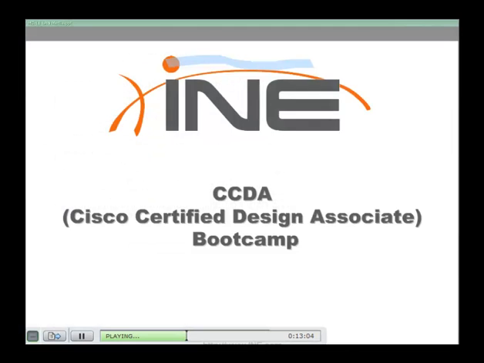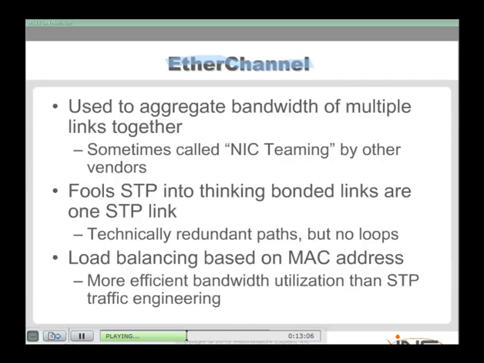Okay, now let's focus in on the EtherChannel technologies a bit more here. Notice that EtherChannel, we know it's going to be used to aggregate the bandwidth together. And by the way, you'll often hear of EtherChannel technologies with some different terms. One of those terms might be NIC teaming, network interface controller teaming. Okay, so sometimes we will see NIC teaming for this technology.